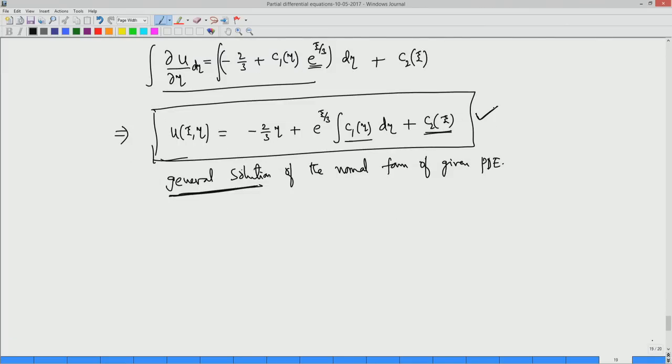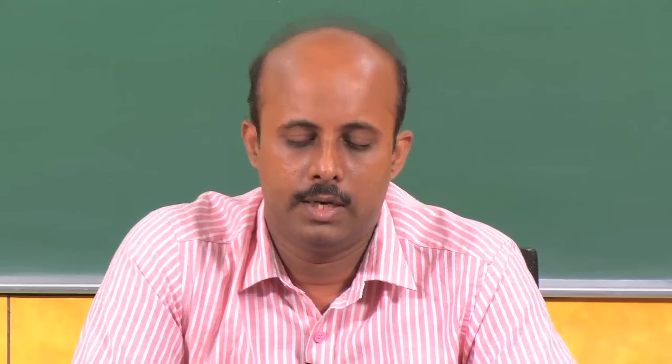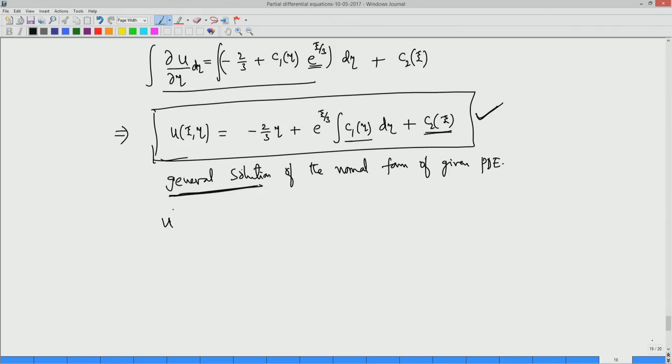Like this you can solve a given equation: you reduce it into standard form, and if after reduction it is in a simpler form, then it can be solved for its general solution. So, this is the solution for the reduced equation. Now, to get back to the original variables for the actual partial differential equation, you simply replace xi and eta by their functions of x and y.